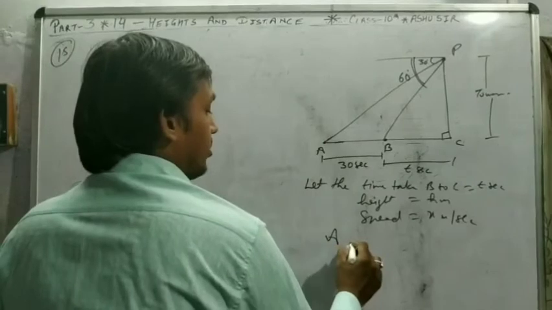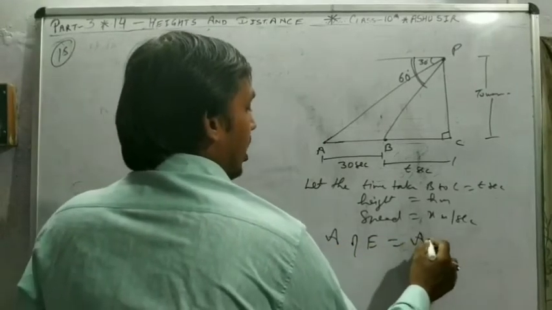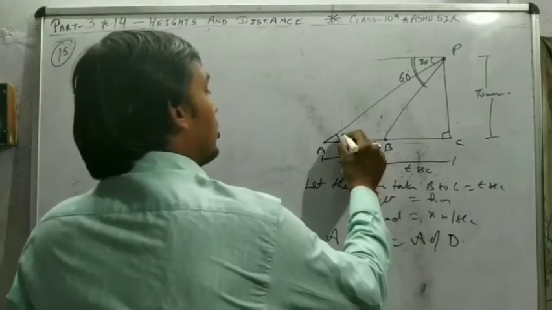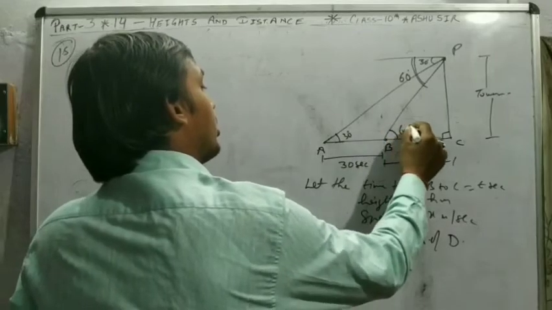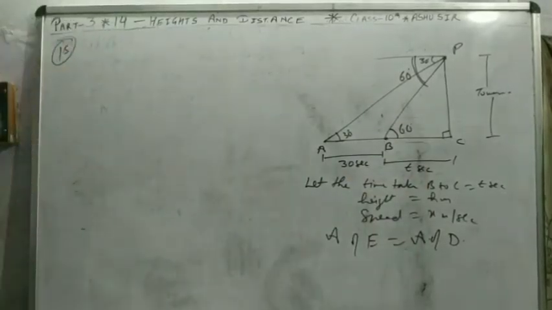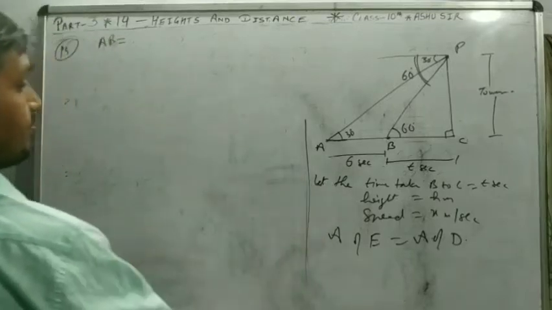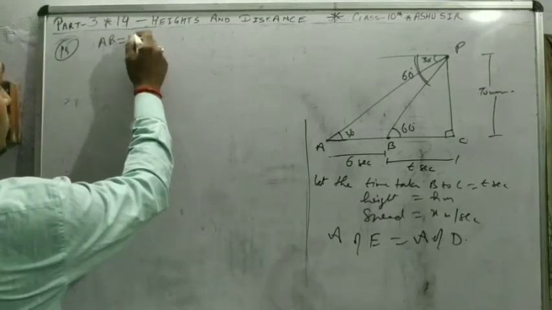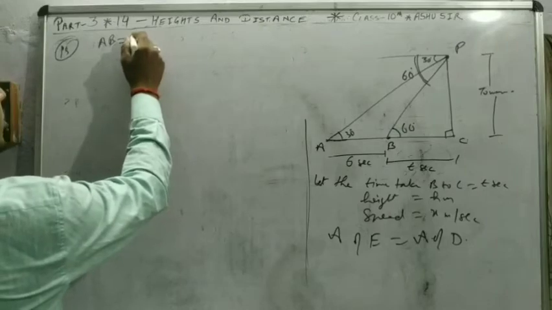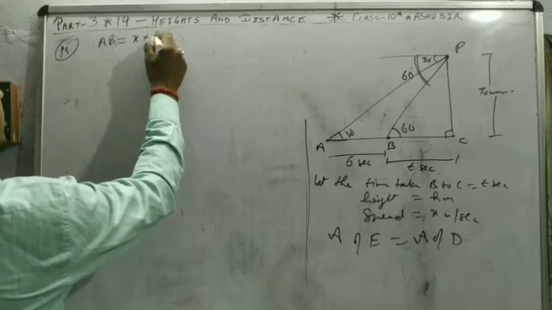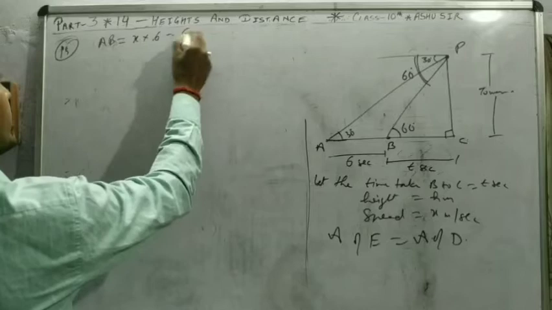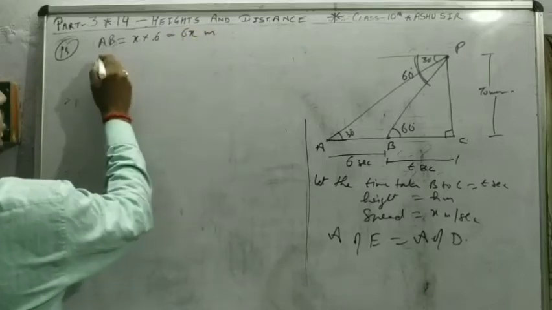Angle of elevation is equal to angle of depression, so this is 30 and this is 60. Then AB is equal to speed into time, speed x times 6, 6x meter.